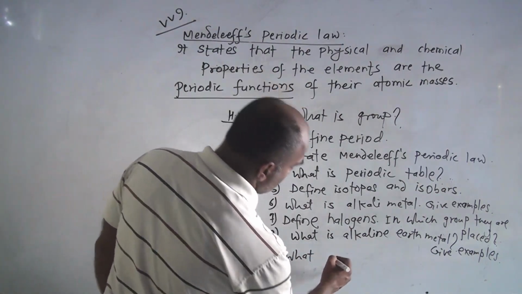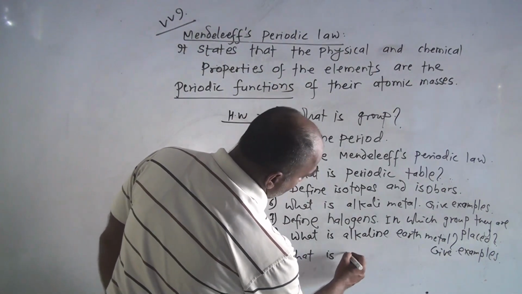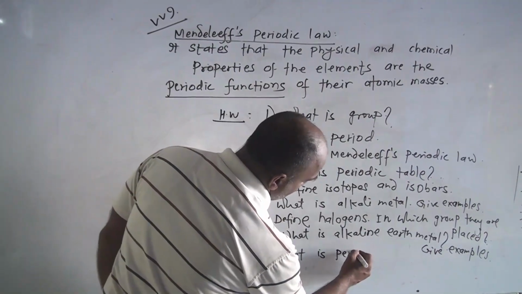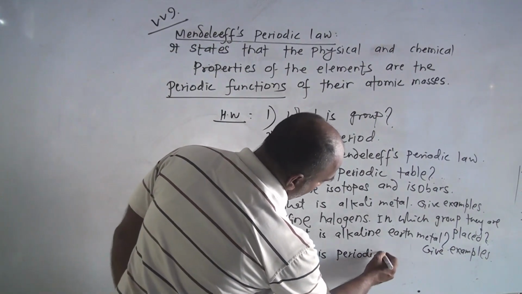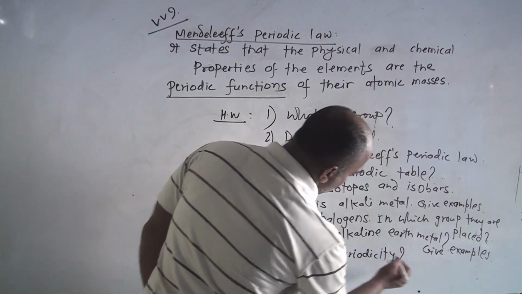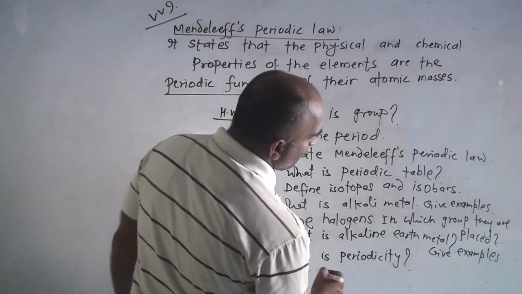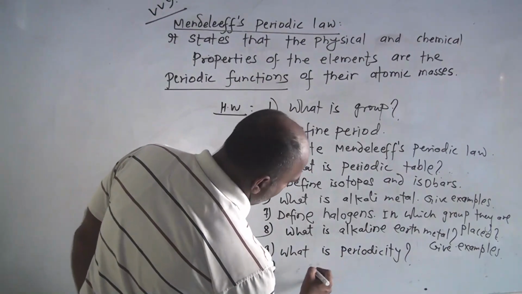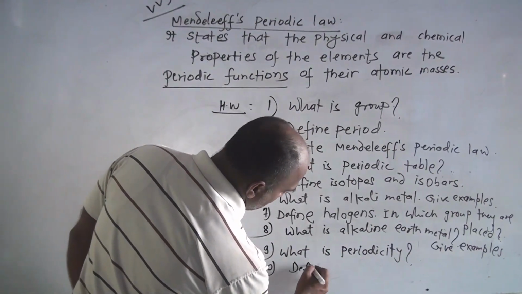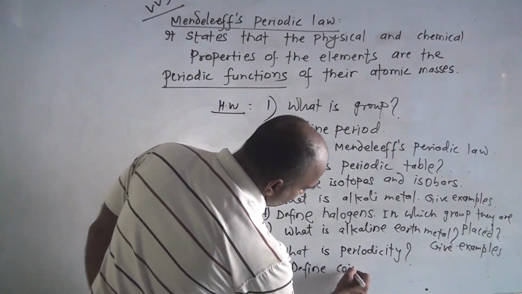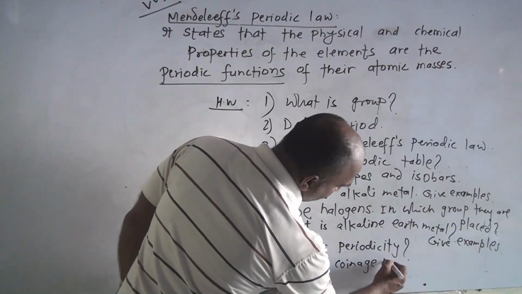Next is ninth number: What is periodicity? And tenth number: define coinage metals.